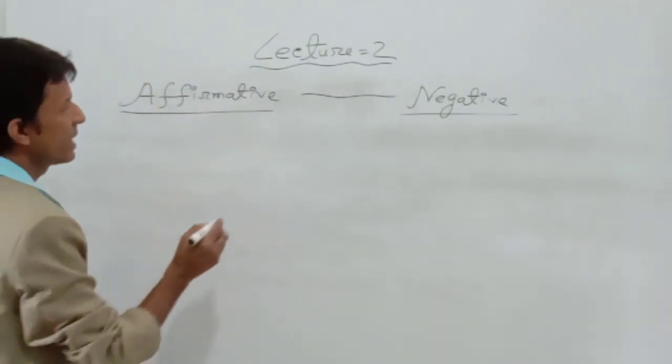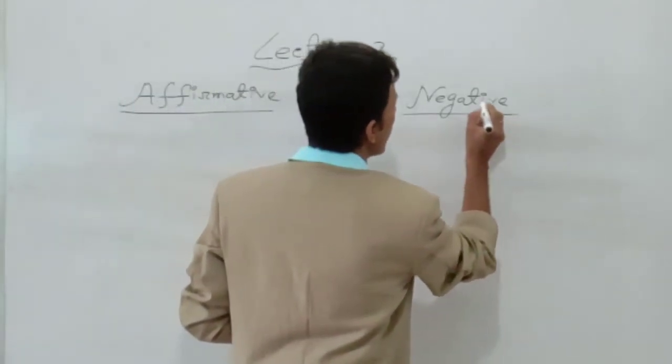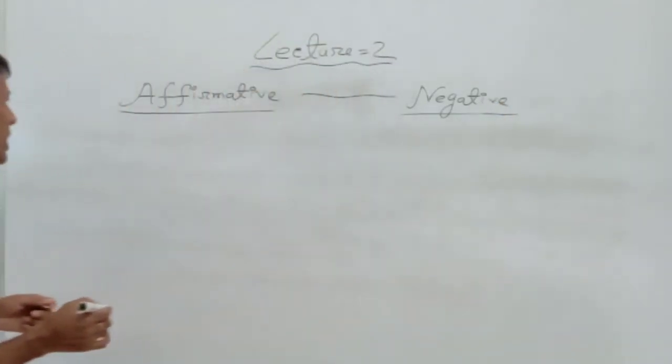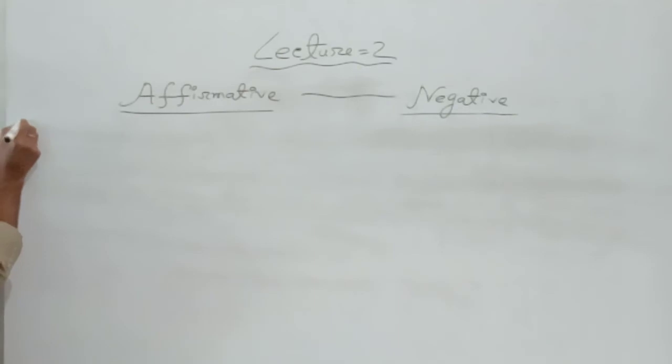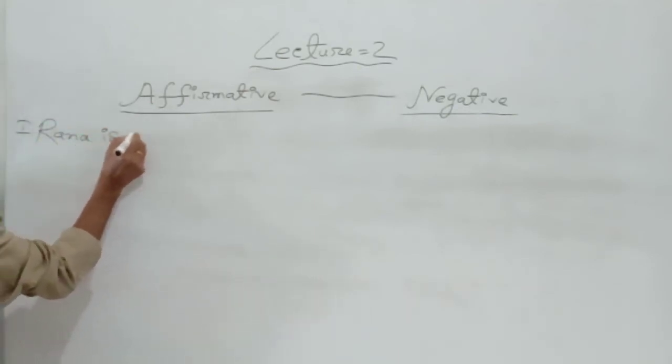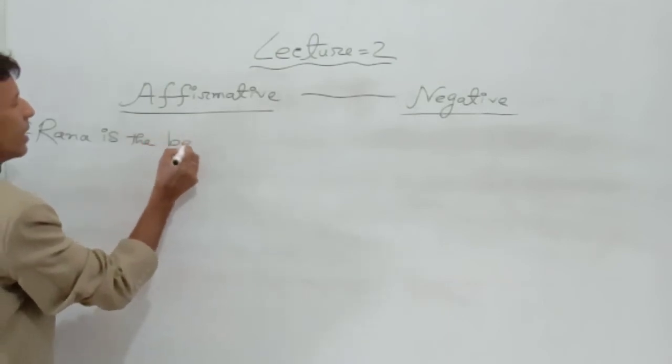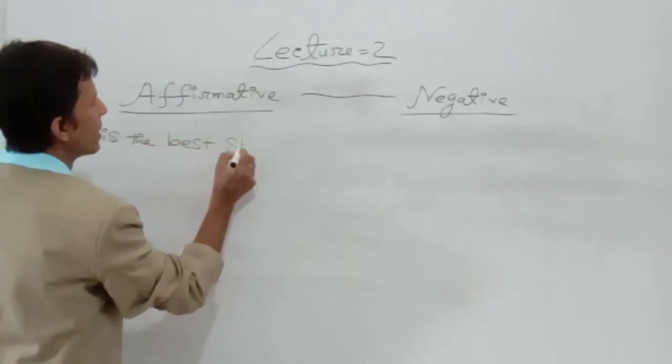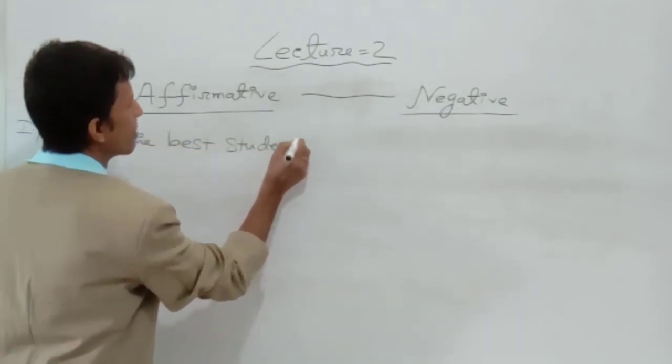Affirmative type of sentences are consisted of many ways. As for example, Rana is the best student.